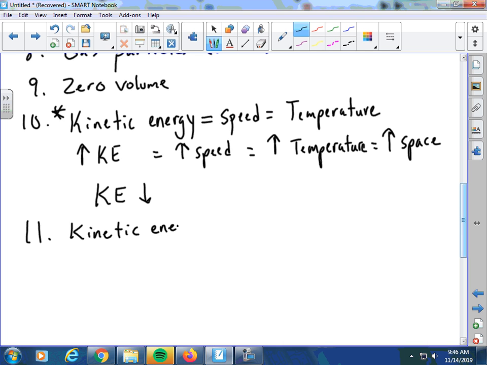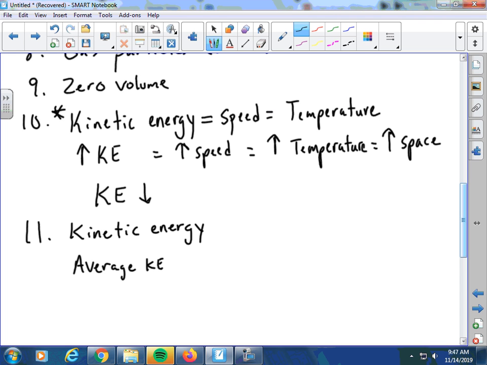And the thing is, since every individual gas particle is not going to have the exact same speed, the exact same kinetic energy, they actually say temperature is a measure of the average kinetic energy.